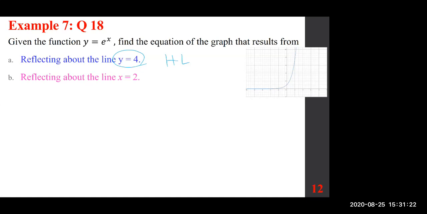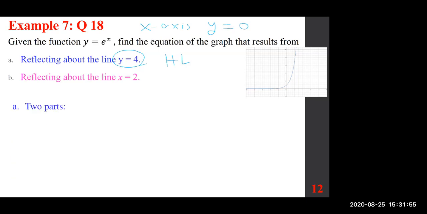So the very first thing is that you can reflect it about the x-axis, because remember, y equals 4 is parallel to the x-axis. It's a horizontal line. And then, because it's not the x-axis, y equals 0, that's important to remember. Now it's 4 units away from that, and reflection makes it 2 times that.